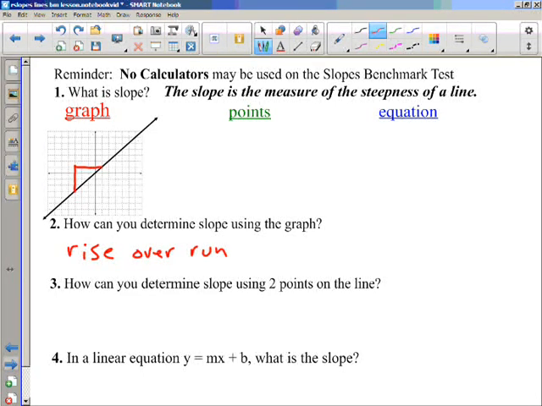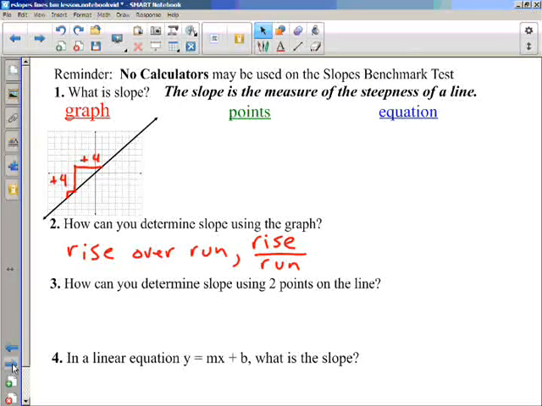In this case, it was positive 1, 2, 3, 4 up, and 1, 2, 3, 4, positive 4 right. If we look a little closer, we see that up 1 over 1 would have gotten us onto the line. So rise over run, or rise divided by run, we get just by looking at the graph and counting vertically and horizontally.